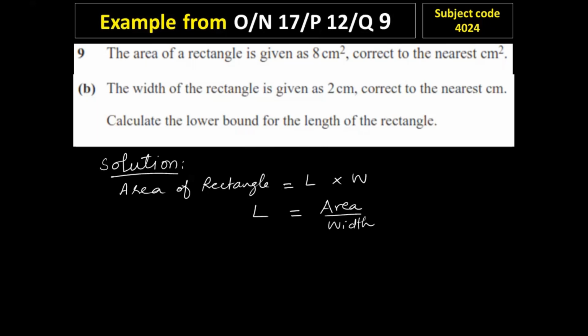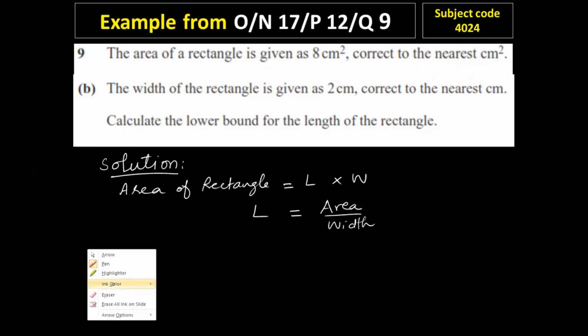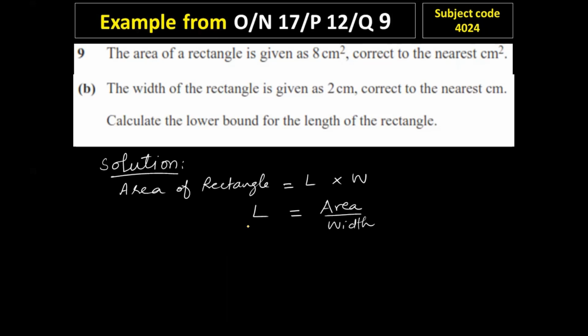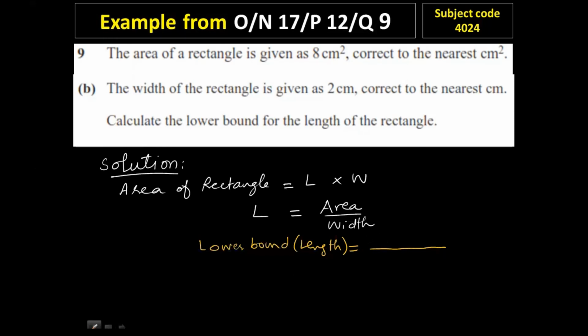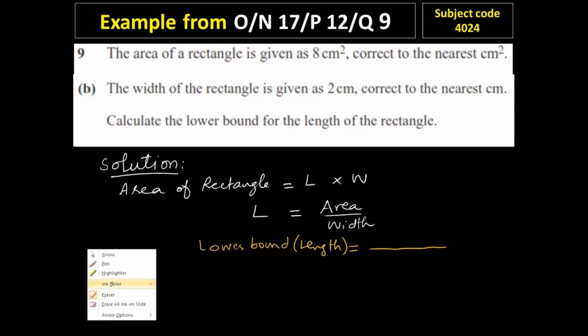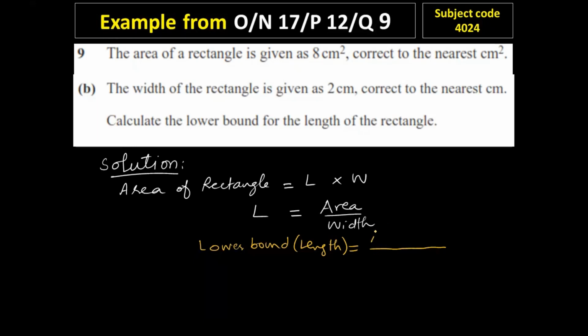We have to find the lower bound of the length, so it must be lower bound length. The lower bound length will be area divided by width.